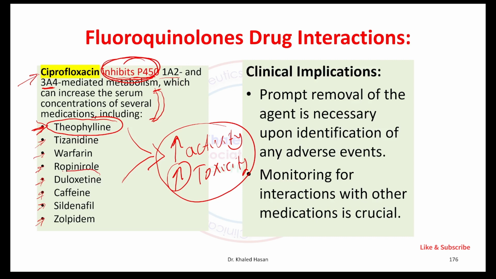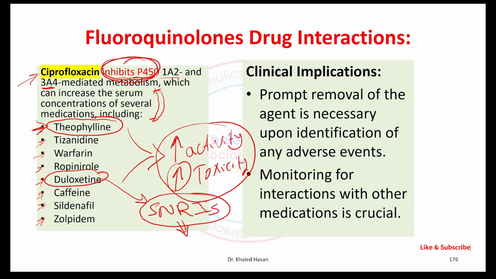Duloxetine belongs to the group of SNRIs, serotonin norepinephrine reuptake inhibitors. This medication is an antidepressant agent used for treatment of depression. Also, when we use it with a fluoroquinolone, this will increase the level of duloxetine.